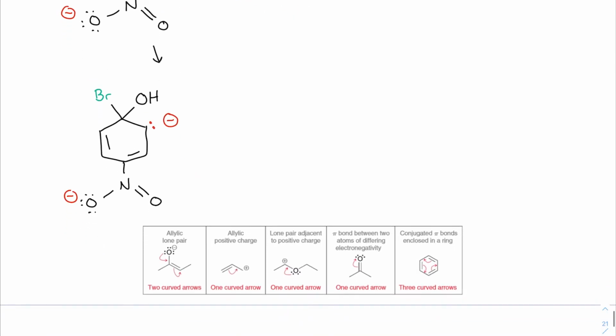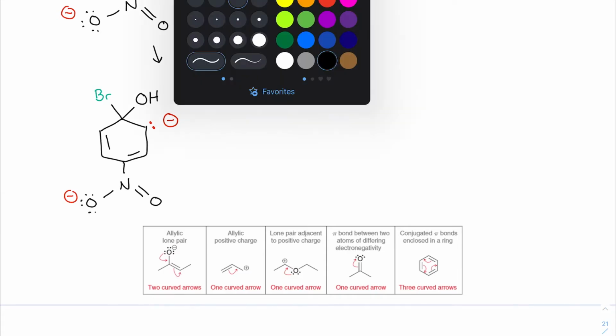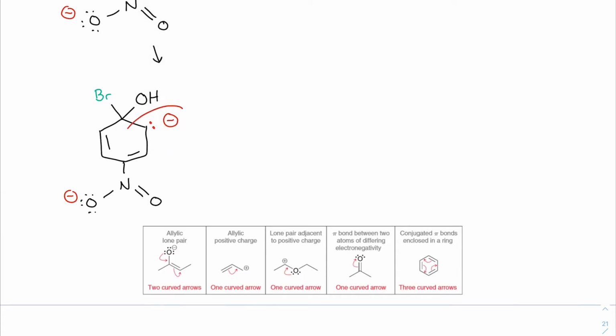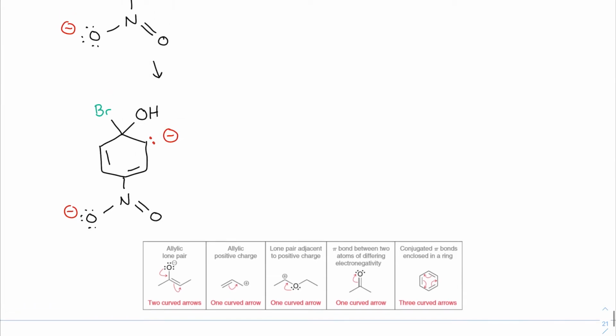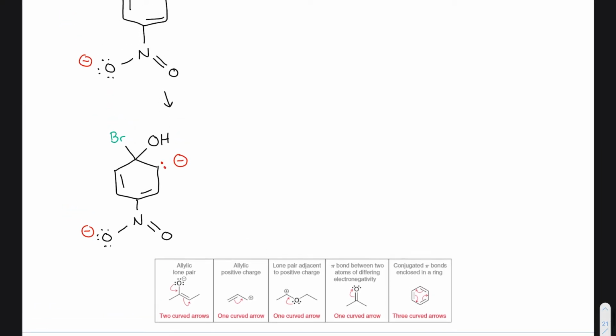You'll notice that here we have one of the 5 resonance patterns. This lone pair is allylic to the pi bond in the ring. An allylic lone pair was the very first resonance pattern you would have learned. And so that lone pair is really not existing just on that one carbon. Rather, it's spreading out over the whole molecule almost through resonance.